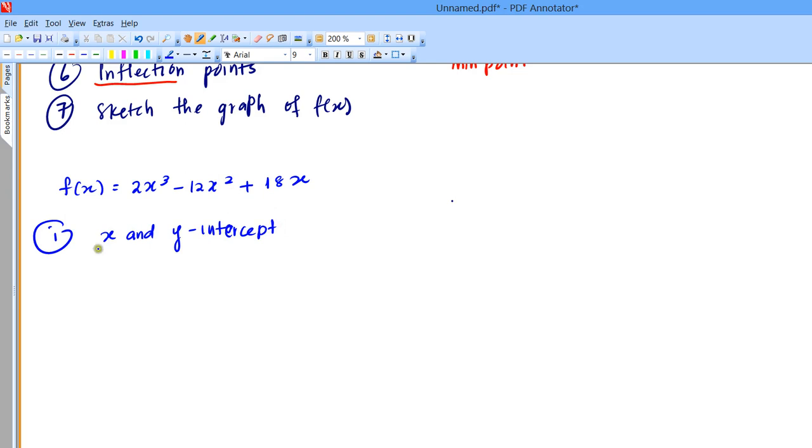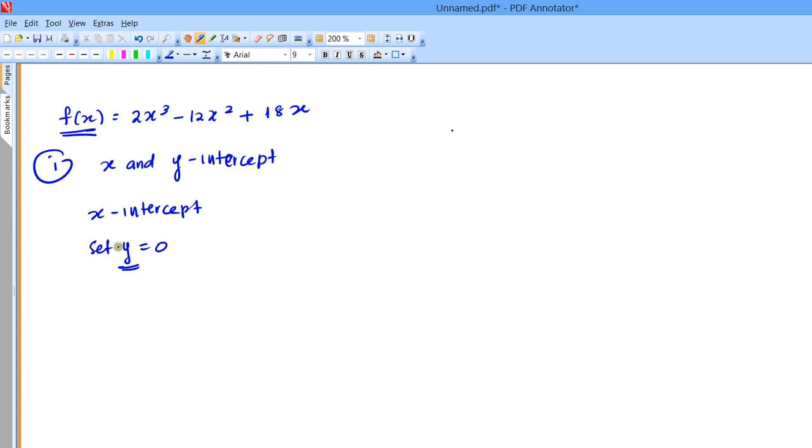So to find x intercept, just set y equal to 0. So y here actually refer to f(x). So set y equal to 0.